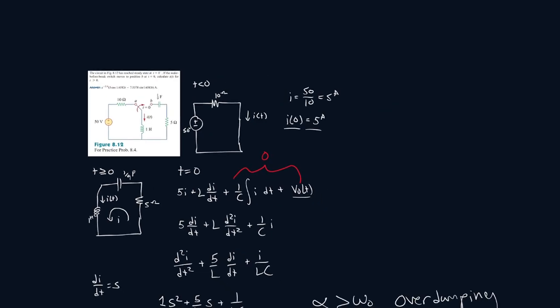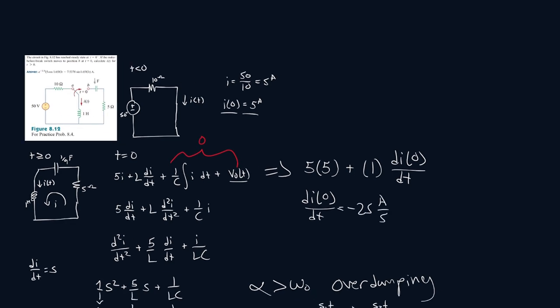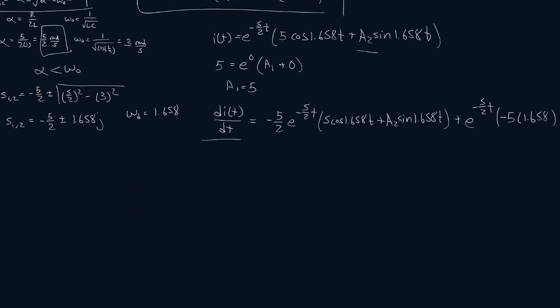So we're going to have the following. 5i being 5 plus L, which is 1, times di at 0 over dt. So di at 0 over dt is equal to minus 25 amps per second. So we're just going to plug that into here.